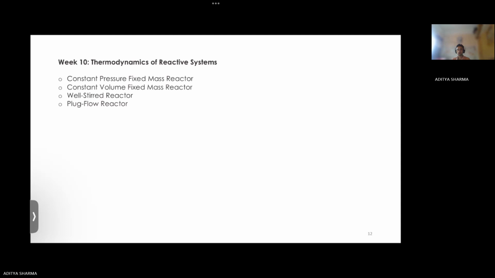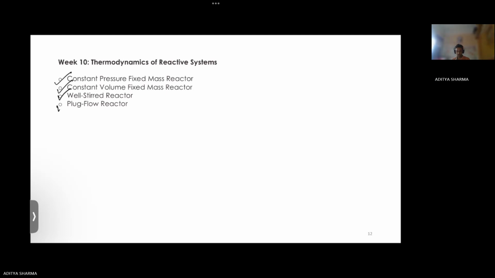Then is your thermodynamics of reactive systems. In this week, we saw four cases, four types of reactors.